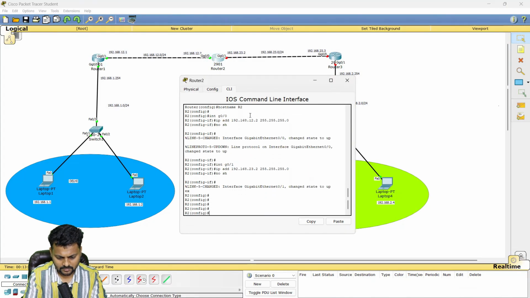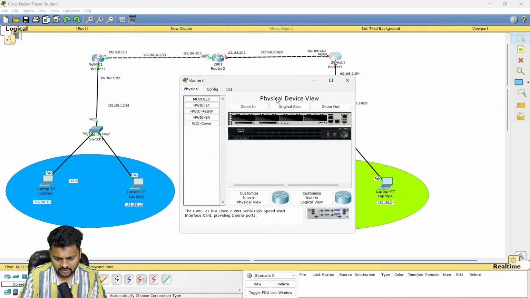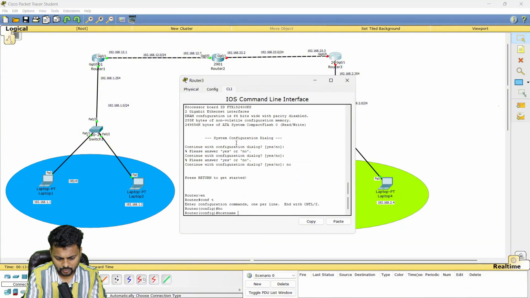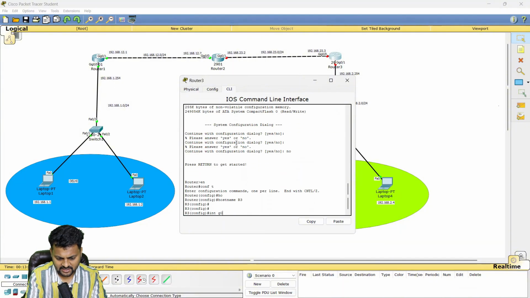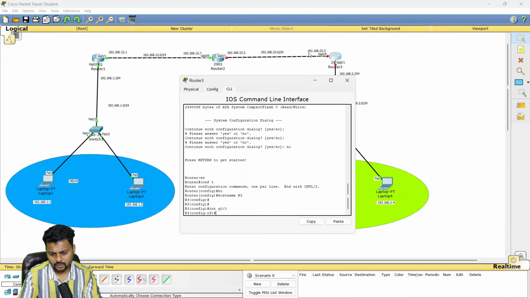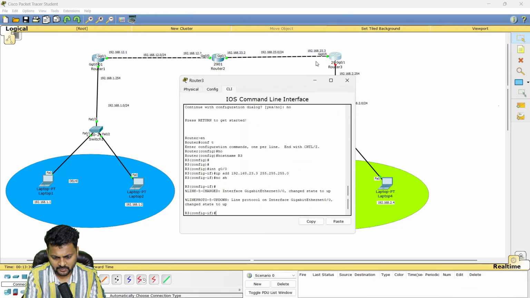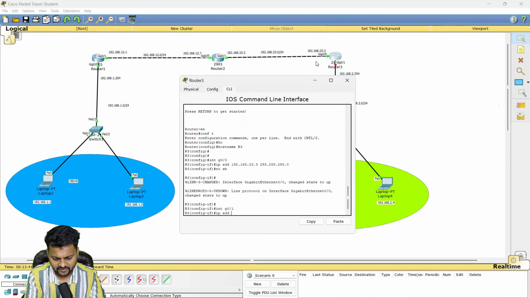All good. And now finally we have router 3. On router 3, enable, config terminal, hostname R3, interface 0/0, which is this interface right now, IP address 23.3/24. Then we have our interface 0/1, which is the LAN interface, 2.254.